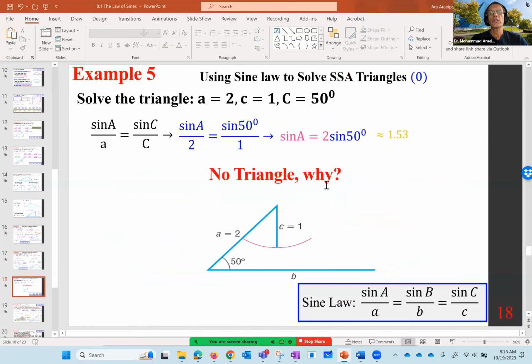Finally, when we work this out in this example, we end up with sine being larger than 1. Sine is between -1 and 1, and therefore there is no solution. And this is where we don't have any triangles. Okay? So that's why it's called the ambiguous case.